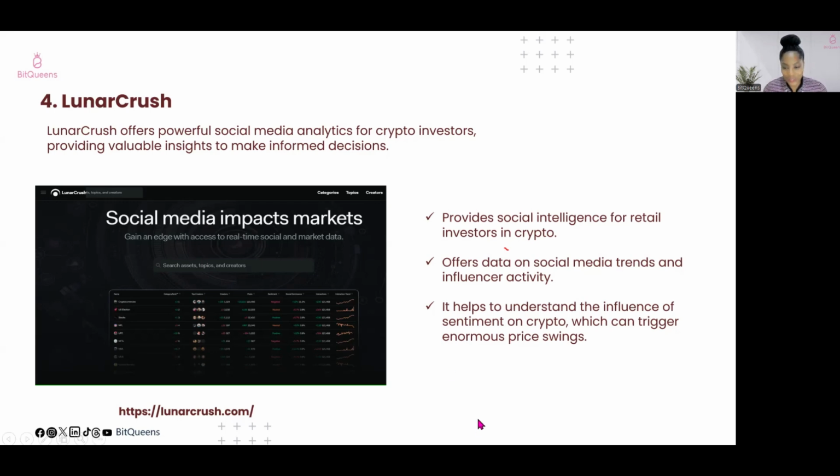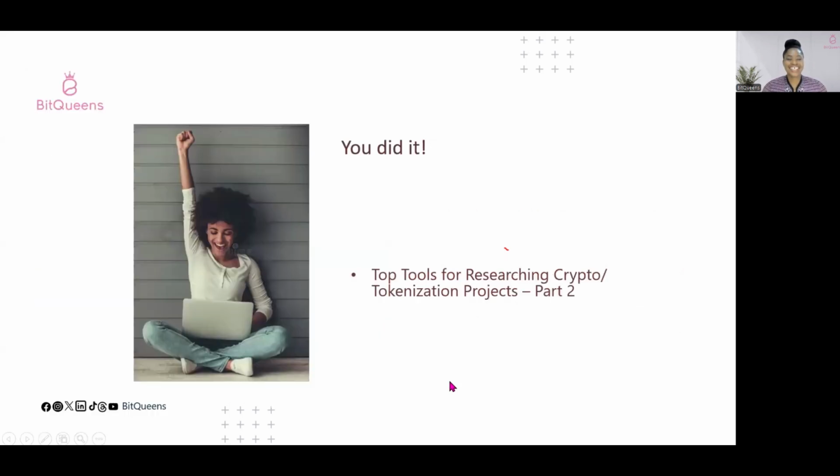So congratulations on that note. We've come to the end of today's session. That brings this to 10 tools we've discussed so far that help you do top-notch research on crypto and tokenization projects.